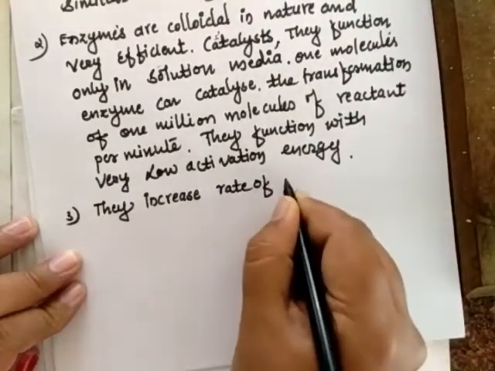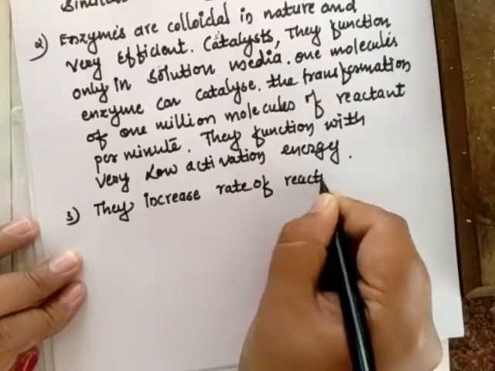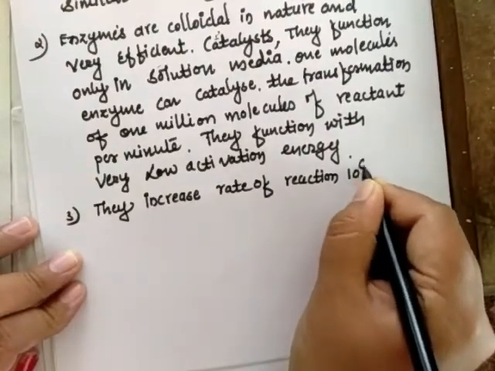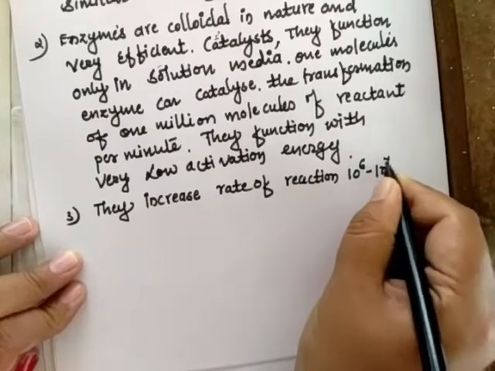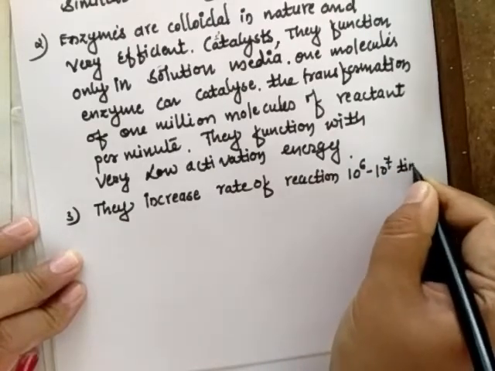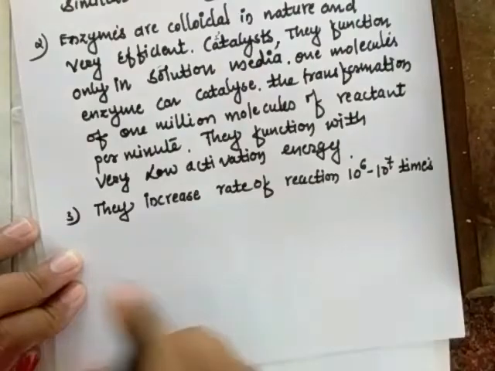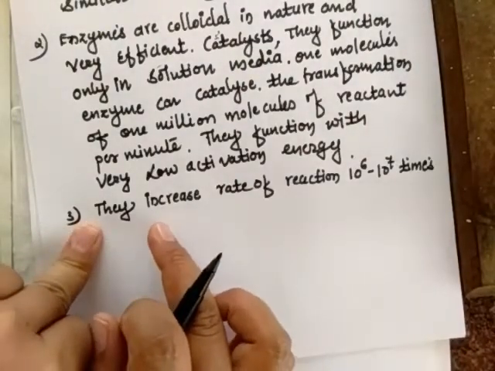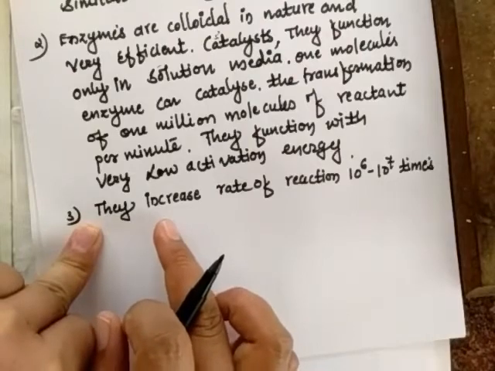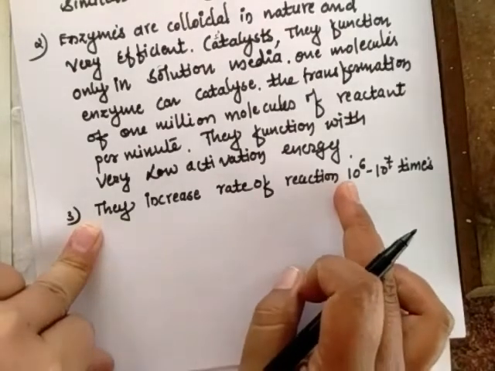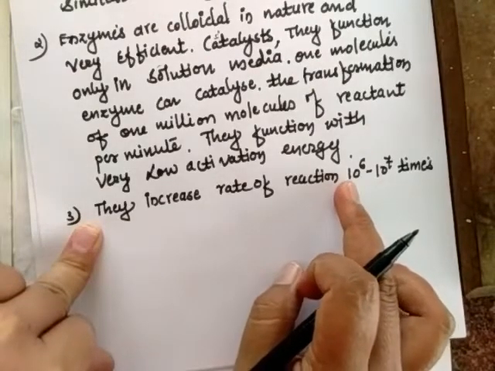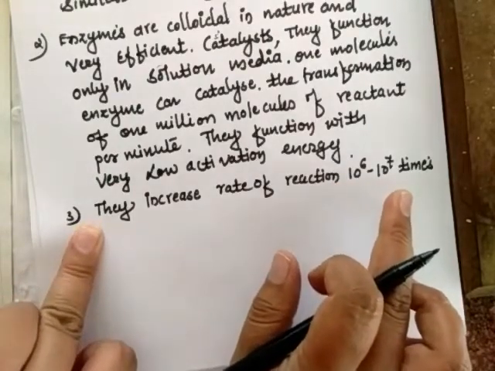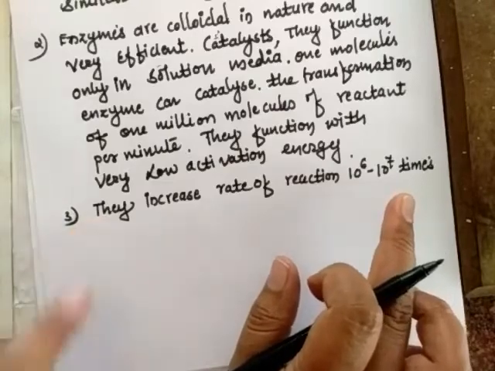They will increase the rate of reaction about 10 to the power of 6 to 10 to the power of 7 times more. A rapid reaction will take place after adding the enzymes.